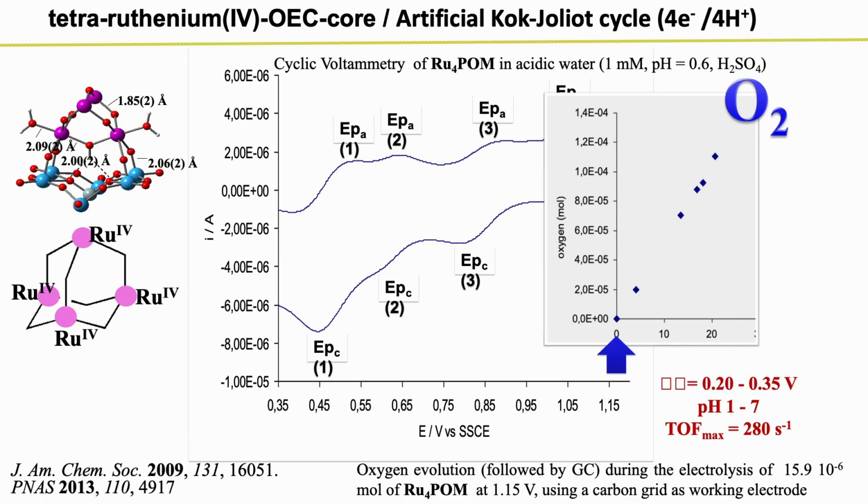So, anyway, we then reasoned about what kind of antennas and molecules. How do we know this? This is electrochemistry, so the ruthenate core can of course evolve oxygen. We can see we have 4 electron transfer processes that occur before oxygen evolution. So the mechanism is really close to the natural mechanism.